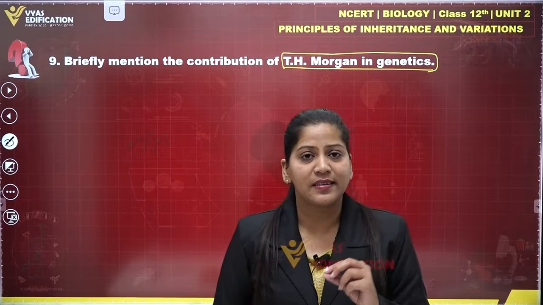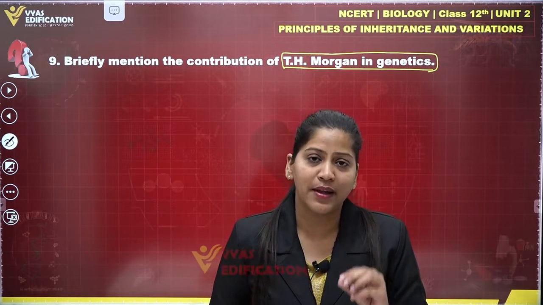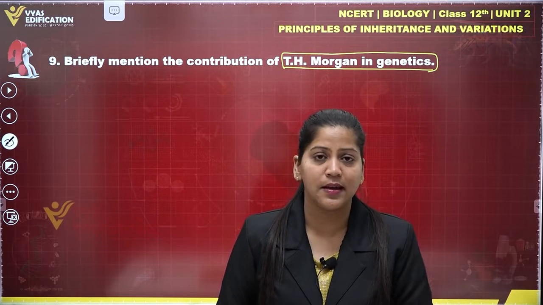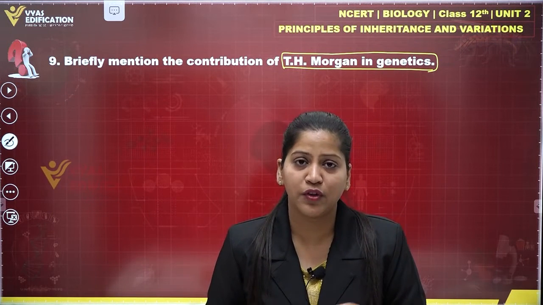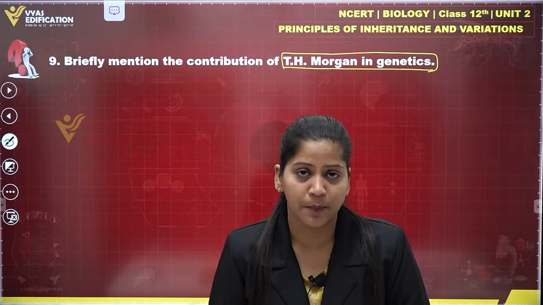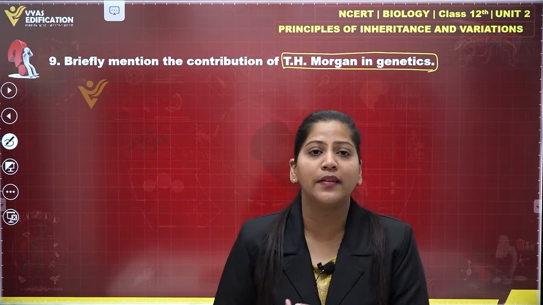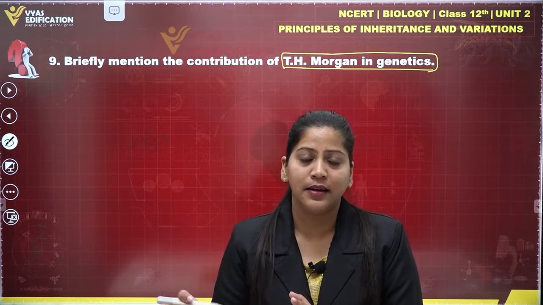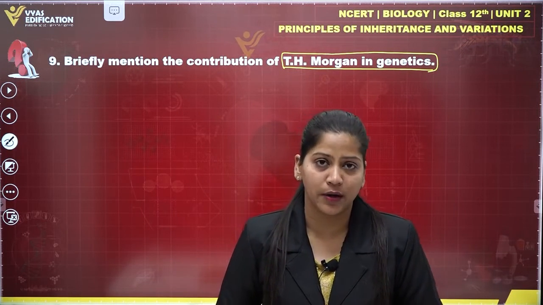T.H. Morgan described linkage as the coexistence of two or more genes on the same chromosome, lying close to each other, which are going to be inherited together into the progeny. These genes were named linked genes by T.H. Morgan.